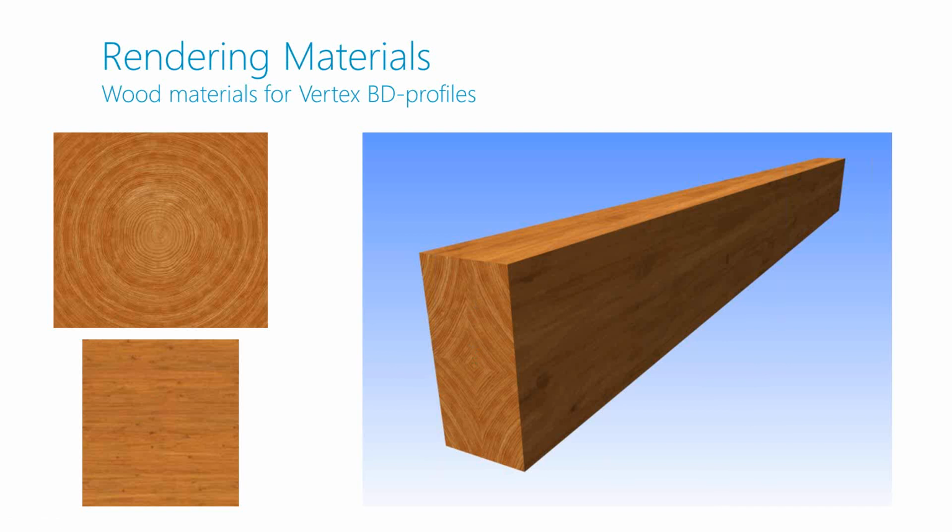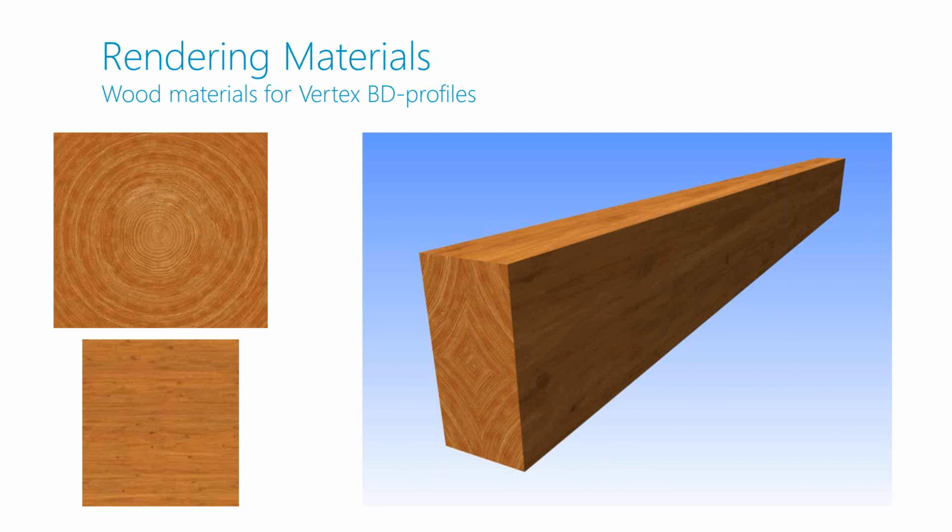So these wood materials created like this, they didn't come out as good as I thought. I was a little bit disappointed with this shader, but I think we can fix those section view texture files so that we can do better with these materials.